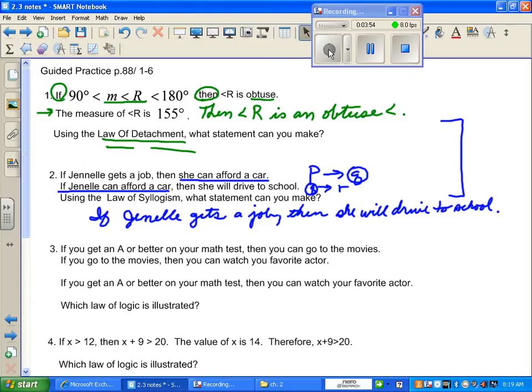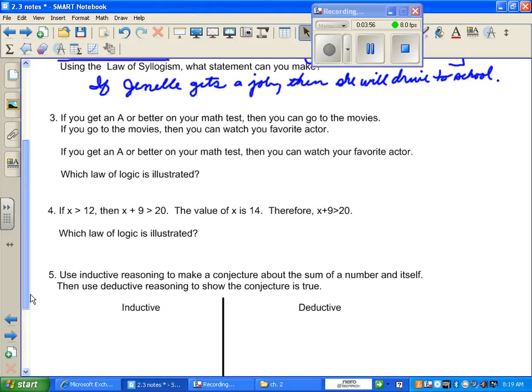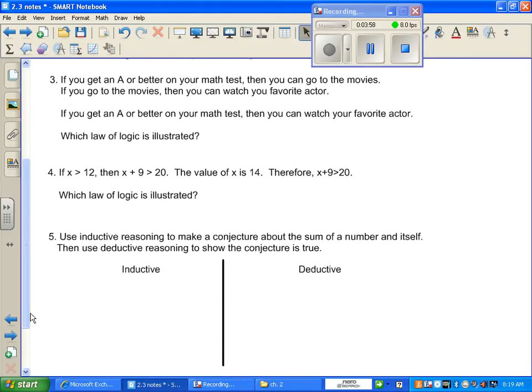All right, number 3. If you get an A or better on your math test, then you can go to the movies. Yeehaw! If you go to the movies, then you can watch your favorite actor. Well, now, you get an A on your math or better. If you get an A or better, boy, that's kind of hard to do.